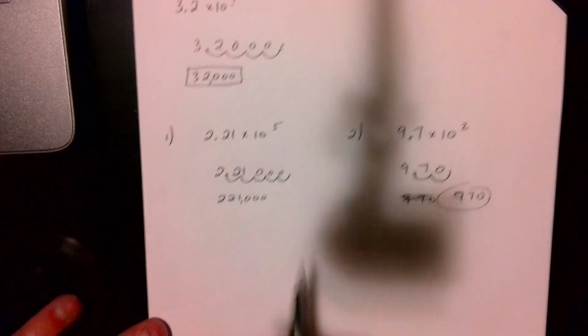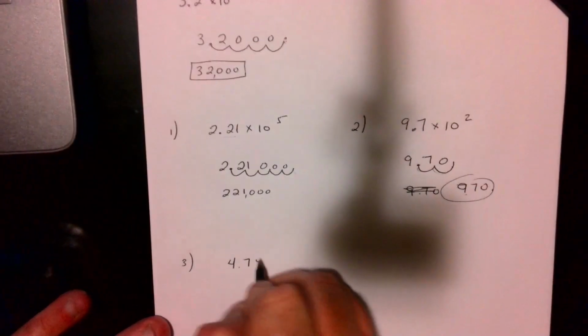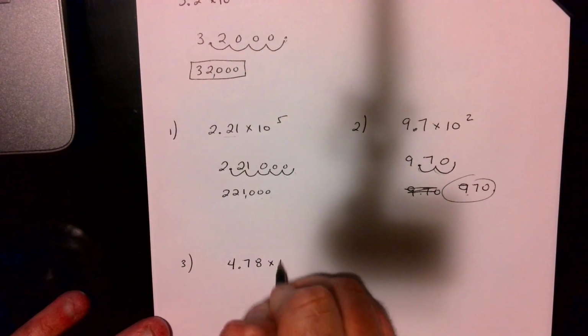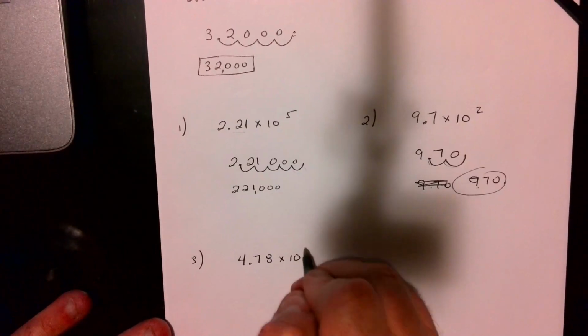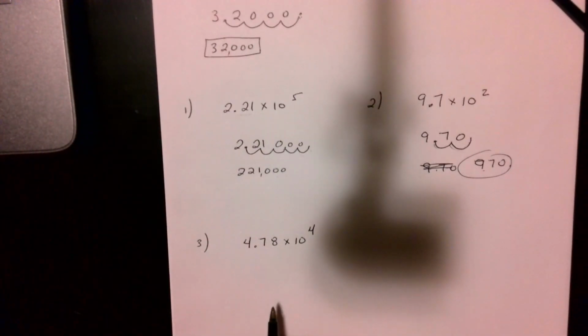All right, I want you guys to try one. If I give you 4.78 times 10 to the fourth power, rewrite that number into standard form.